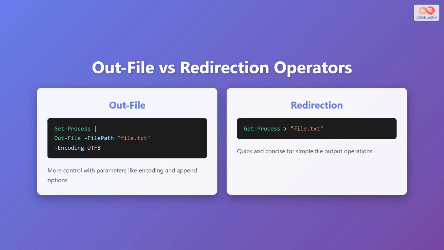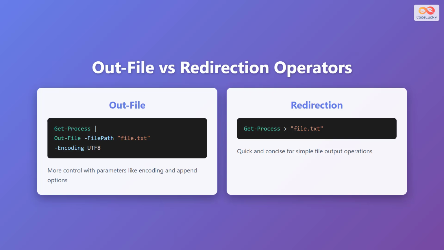You might be wondering when to use out-file versus simple redirection operators. Let's compare them. Out-file provides more control with parameters like encoding and append options. For example, get-process pipe out-file -FilePath file.txt -encoding UTF-8. This gives you explicit control over how the file is created.